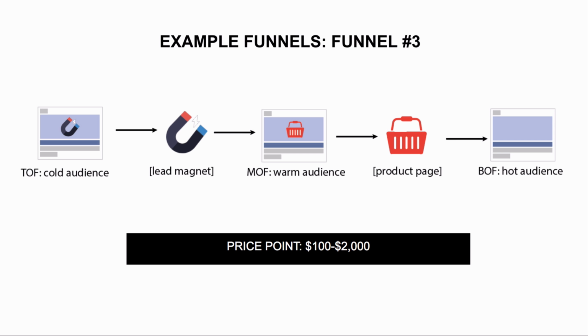Funnel number 3 is where you lead in with a lead magnet. So funnel number 2 was more of a soft content value-based approach, whereas this one is definitely more of a lead magnet. So this could include a webinar, it could include a cheat sheet, a download, it could include an offer such as a free sample.